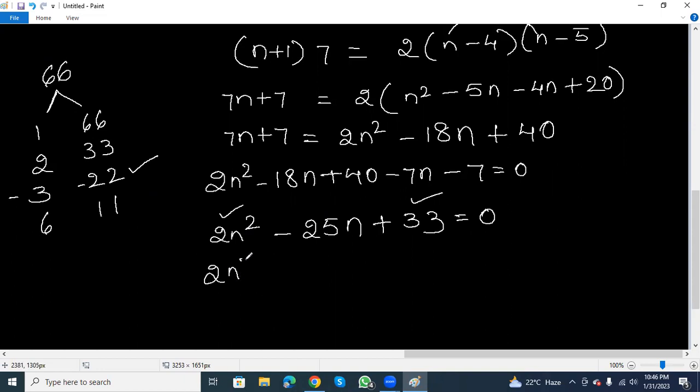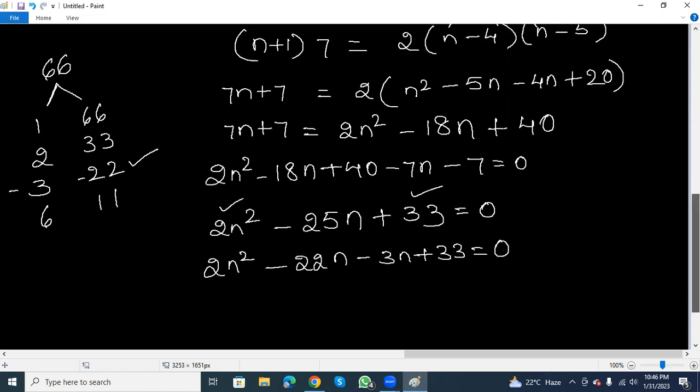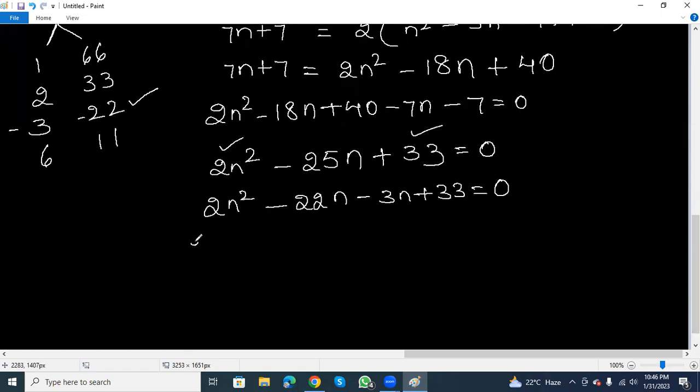So let's substitute: 2n square minus 22n minus 3n plus 33 is equal to 0. So what is common here? 2n is common. So n is left, minus 2 11s are 22. 11 minus 3 common again, and plus minus common means minus 11 times 3.